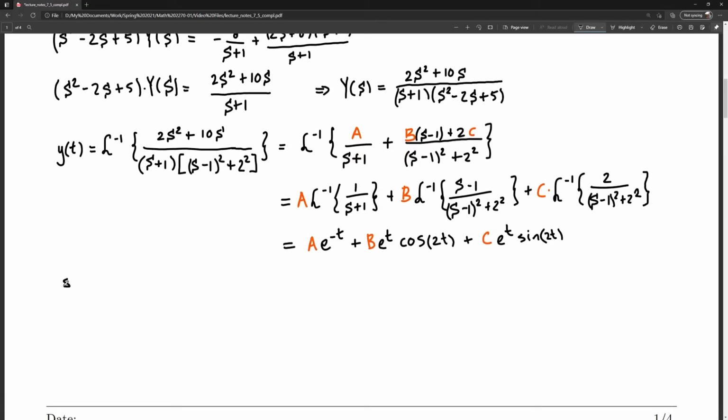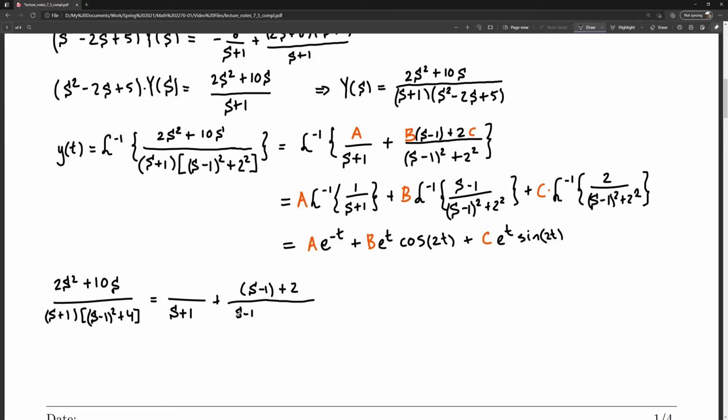So we have to complete our partial fraction decomposition, and that is given by (2s squared plus 10s) over (s plus 1) times ((s minus 1) squared plus 4), and that is equal to A over (s plus 1), and then plus (B times (s minus 1) plus 2C), all of that over (s minus 1) squared plus 4.